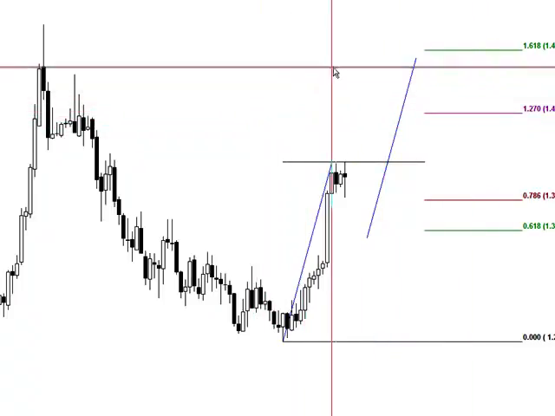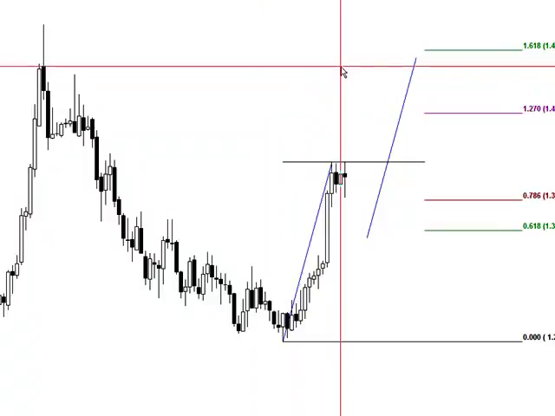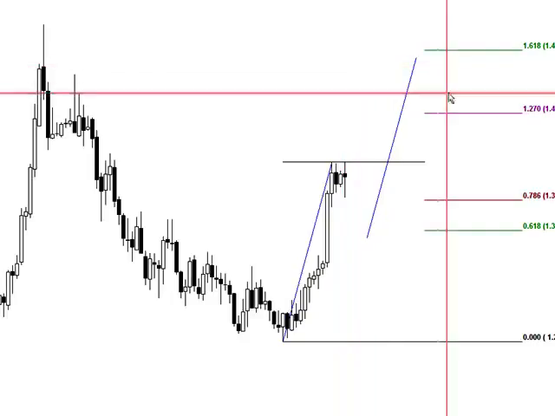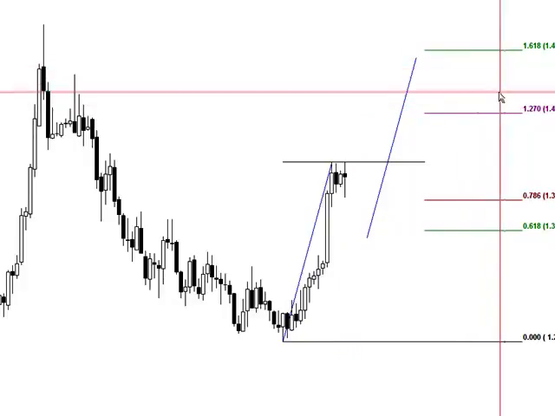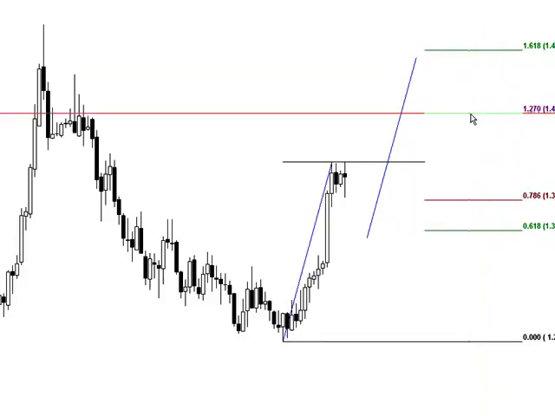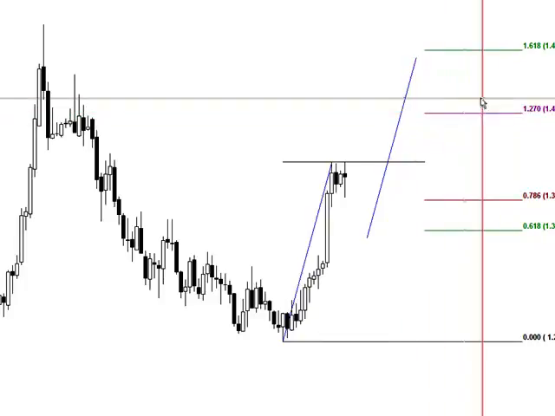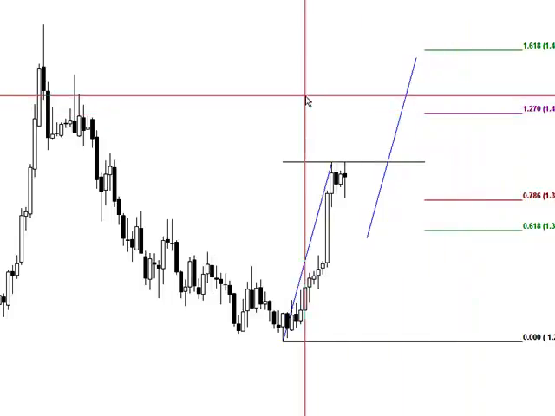And we're looking at a termination of this move, if we do get that one-to-one measured move, somewhere just under the 1618 extension. So anywhere in here, guys, is going to be a good place to look at taking your profits. You could even take them here at the 127 extension if you're pretty conservative about that.